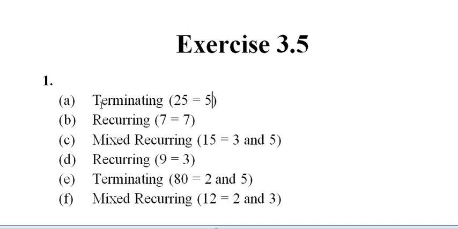So number 1a will be a terminating decimal number. Now in question number b, the denominator is 7 and the factor is also 7. I mean the prime number, so it's going to be a recurring decimal number.